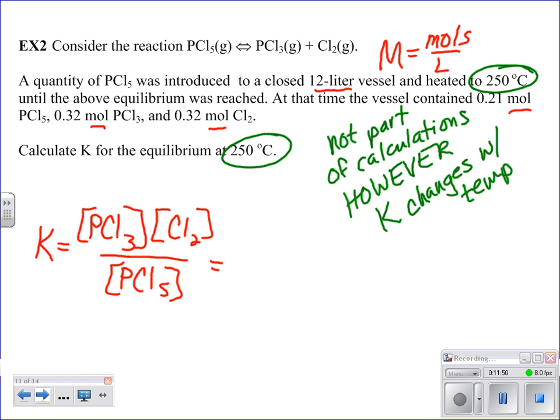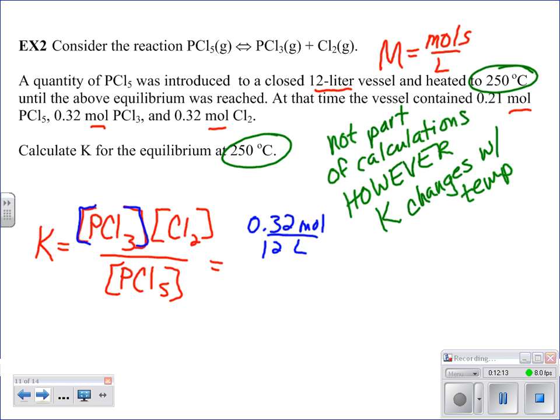Maybe you would do this in your calculator, but I'm just going to write it all out to show what we're doing. The molarity of your PCl3 is going to be equal to the moles of your PCl3, that's the 0.32, yeah, 0.32 moles per 12 liters.